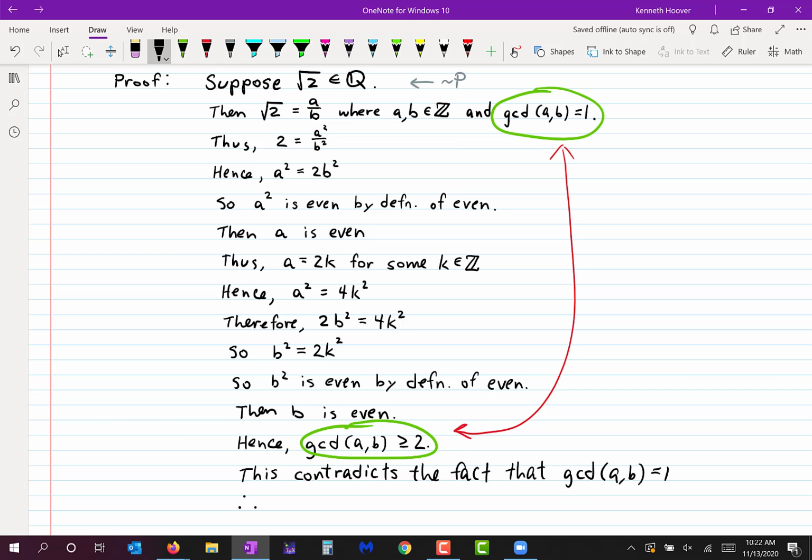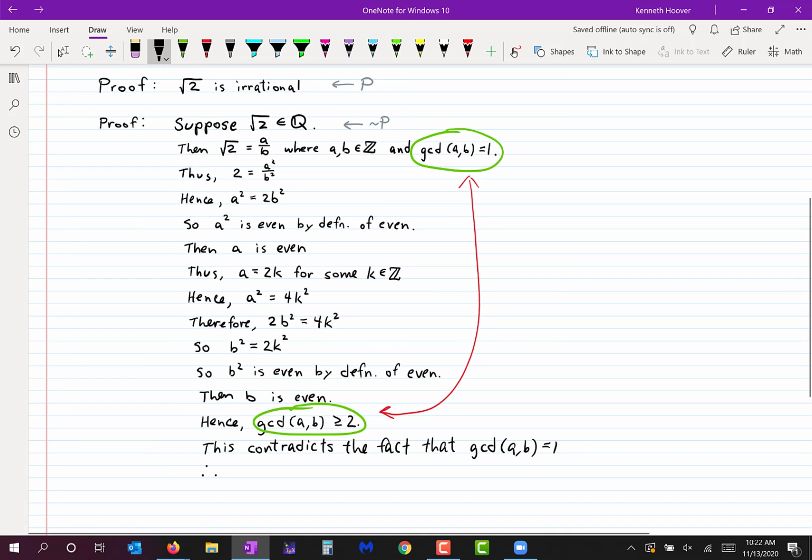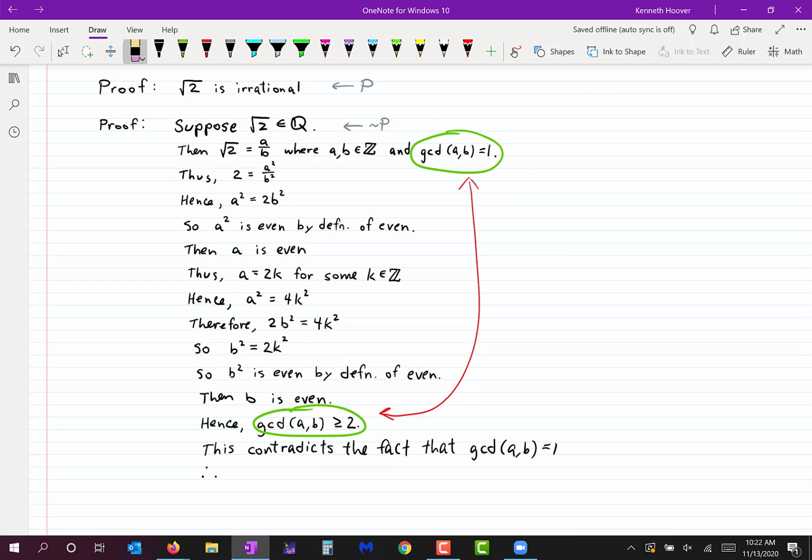So let's point this out now. Okay, let me shrink this down so we can see the whole thing. Get rid of this extra stuff here. So we started with this supposition.